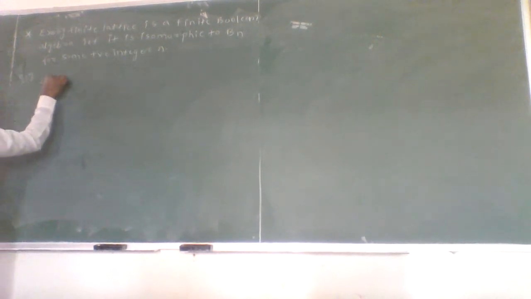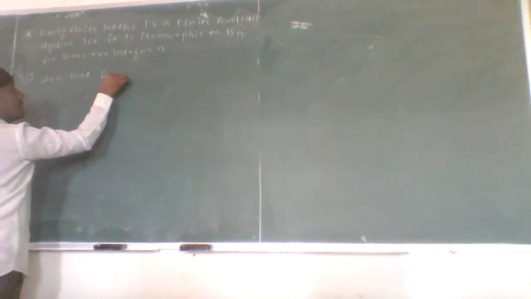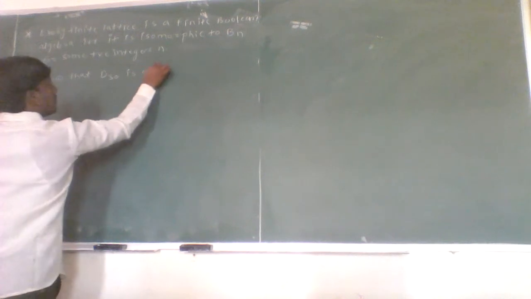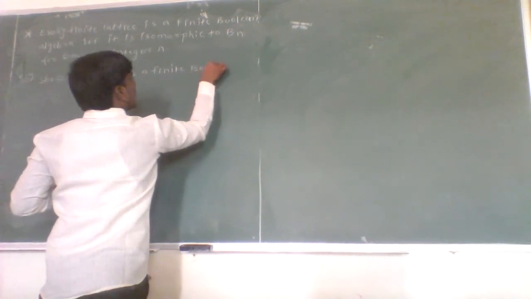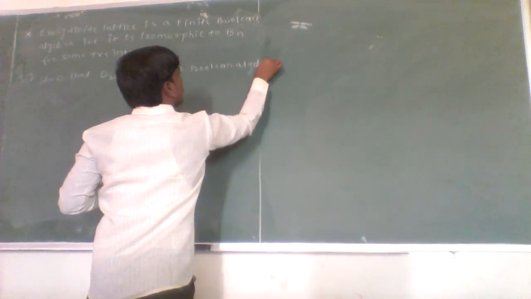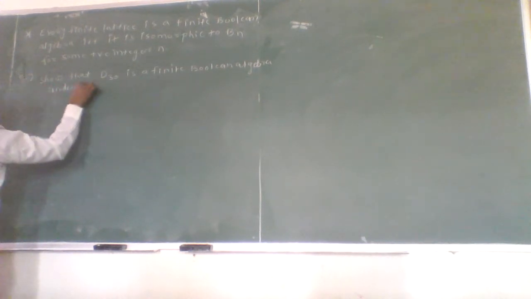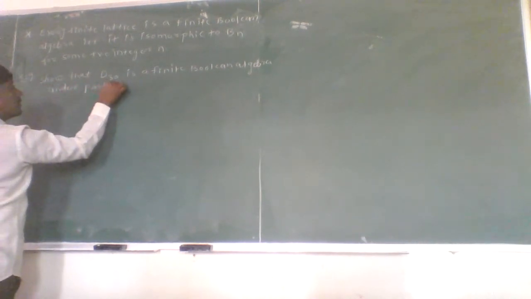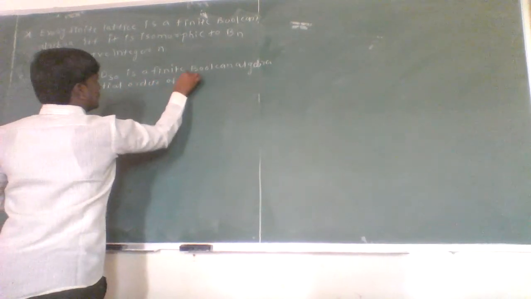Show that D30 is a finite Boolean algebra under the partial order of divisibility.